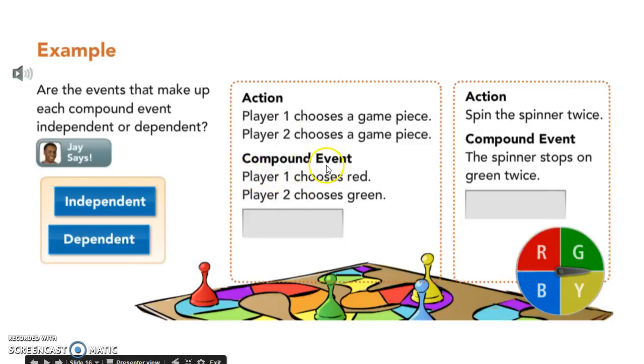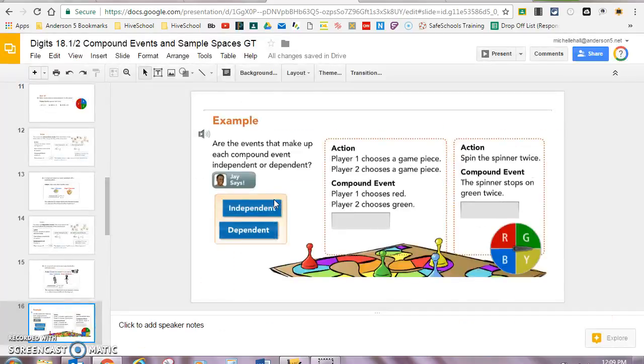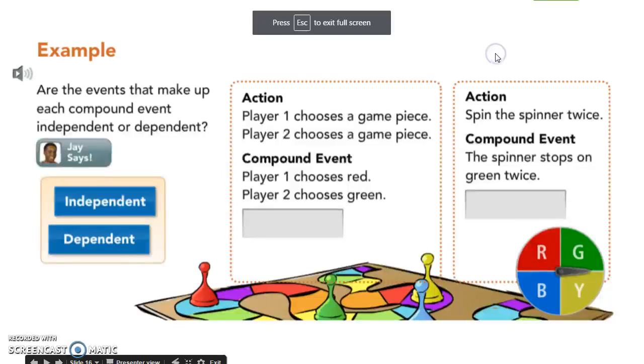Yes, because what if player 2 had wanted to be red? Does he get to be red? No, because player 1 took red. So this is a dependent event because the number of options that player 2 has to choose from is one less than when player 1 got to choose.